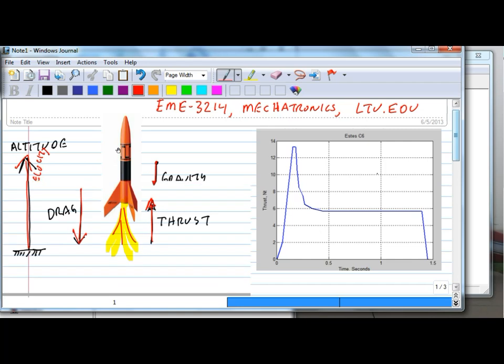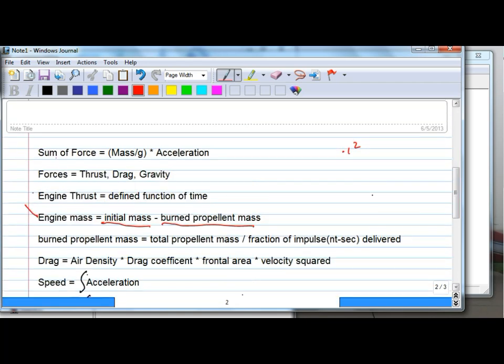From the percent burned and the initial amount available, we can calculate the current available mass. So we say the burned propellant mass is the total mass multiplied by the fraction of the impulse in Newton seconds already delivered. Aerodynamic drag is the air density times the drag coefficient times frontal area times velocity squared.